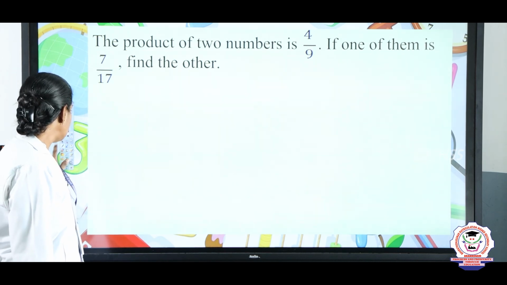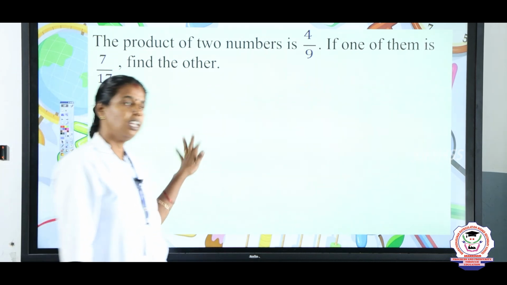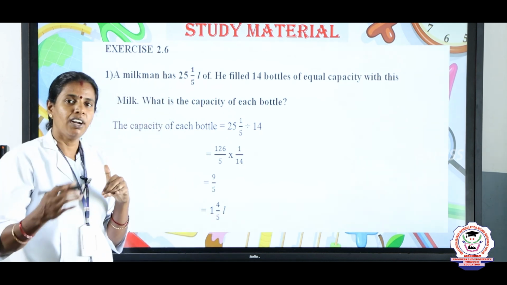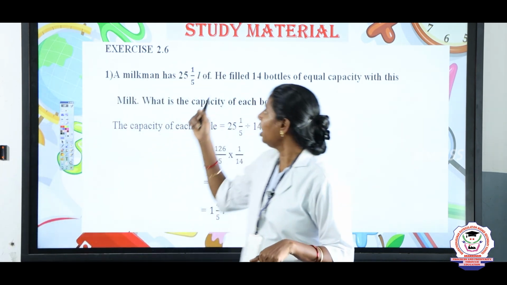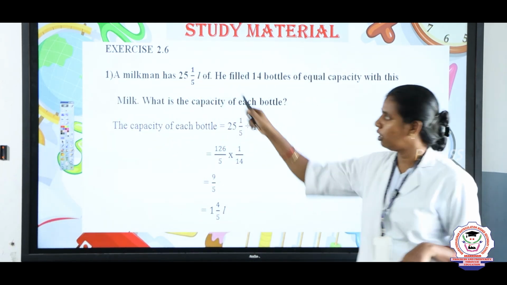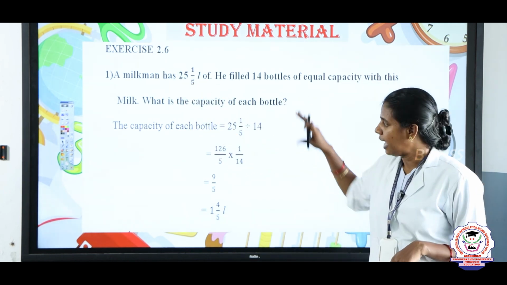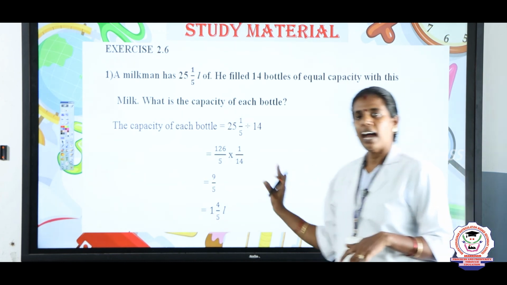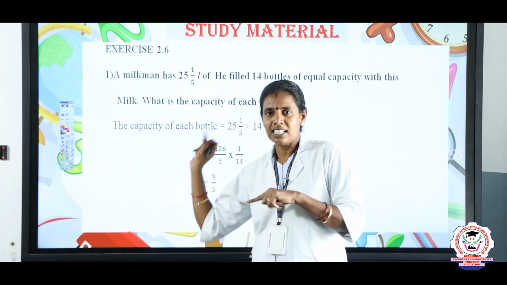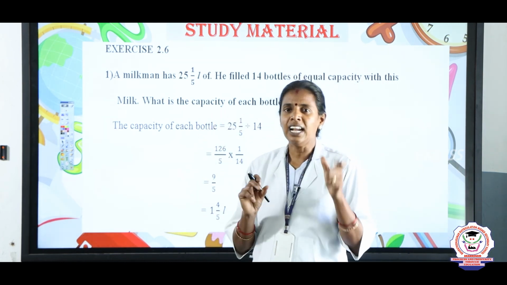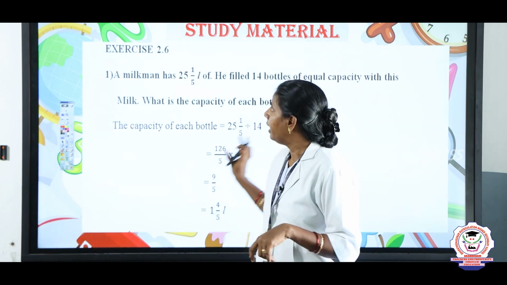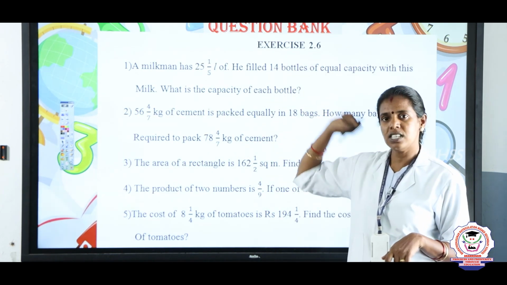Okay children, using these problems, you can solve the model problems which are given in the question bank also. See, here we have the study material for this exercise 2.6. In this, we have solved the questions, as well as the answers you will have in the study material. Where will the study material be? In the description box. Okay. And next to this, there is a question bank.